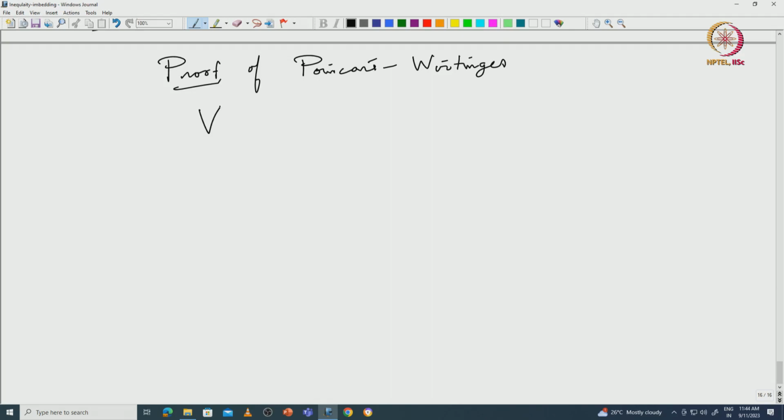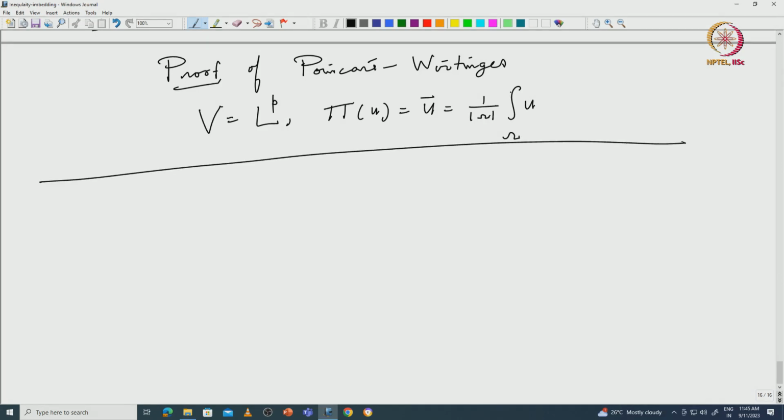You just take V equal to L p and you define pi u equal to u bar. That is all. Pi u equal to u bar is the average, 1 over mod omega integral over omega of u. That is it. It follows from that. You just apply that one.